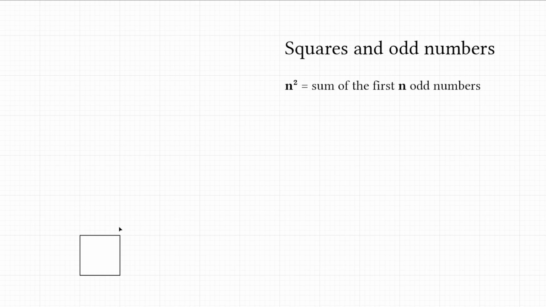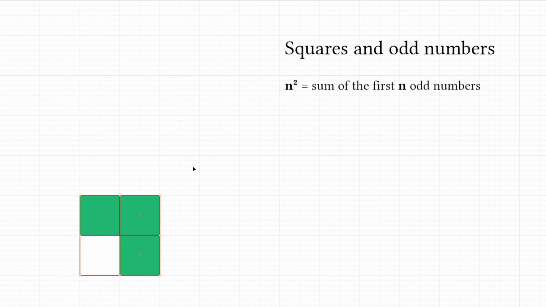I will extend this square upwards and then sideways, so I just added 2 more unit squares, and then I will fill this gap in the corner. So I added 3 squares in total.